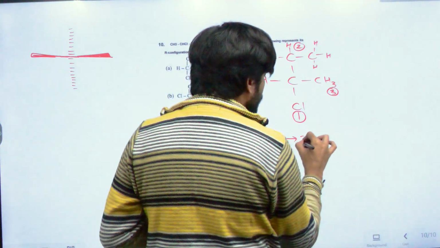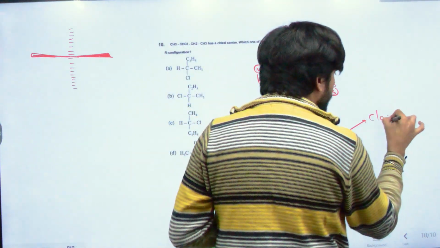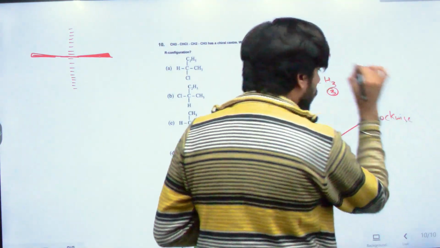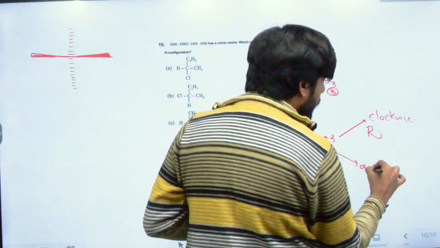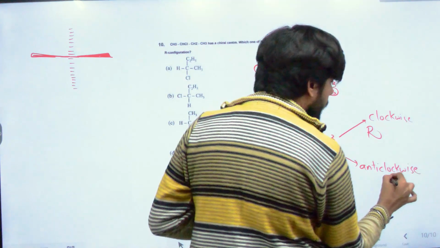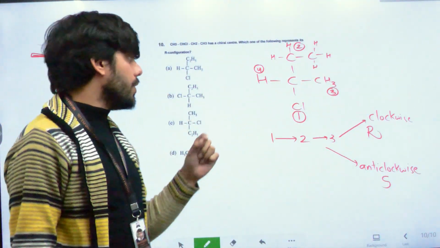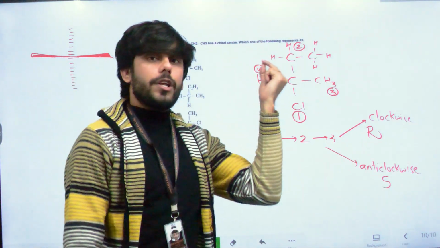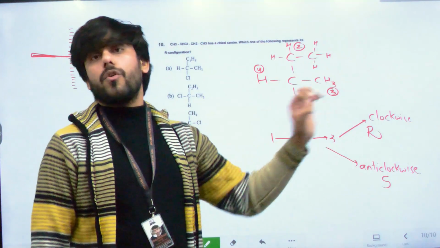Move from 1 to 2 to 3. If it is a clockwise movement, the configuration is R, and if it is anti-clockwise, the configuration is S. Now, there is one more thing to note. If the least priority group is on the horizontal line, you need to change the configuration.